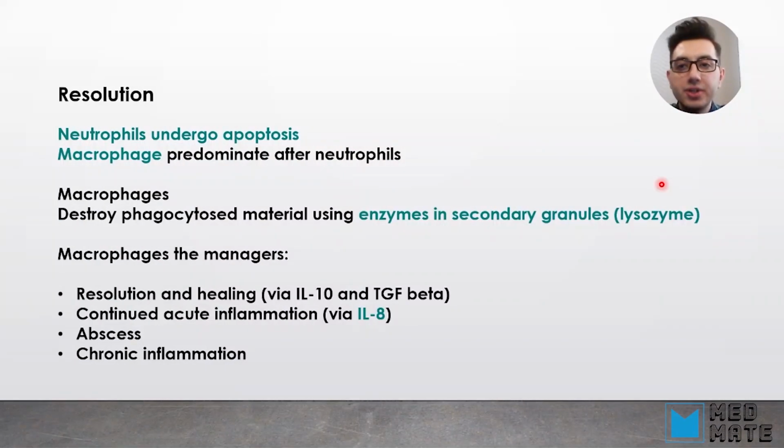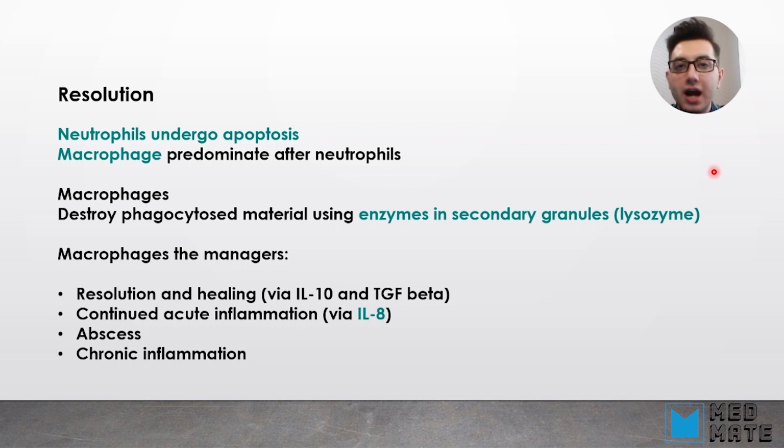All right, now after killing and degradation, we want resolution, and resolution happens via macrophages. You know that there are different phases in acute inflammation, and once neutrophils undergo apoptosis, macrophages predominate. These macrophages are the kind of cells that phagocytose material using secondary granules, lysosomes.